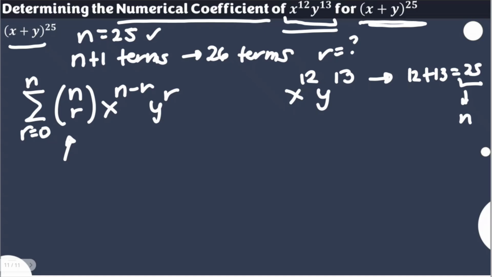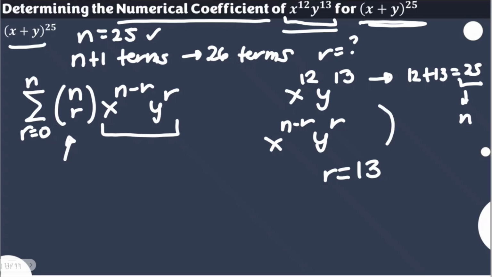Now, following this form, which is x to the power of n minus r and y to the power of r, we can now solve for the value of r. And our r is actually equal to 13, as that is the exponent of our y, or the second term.